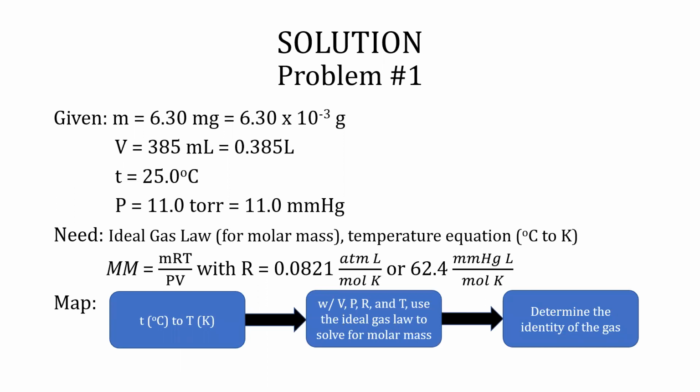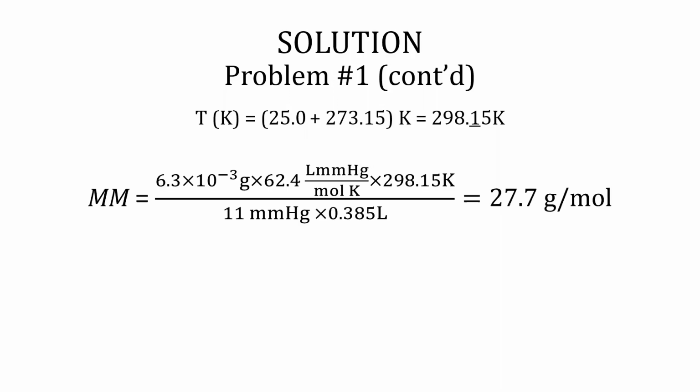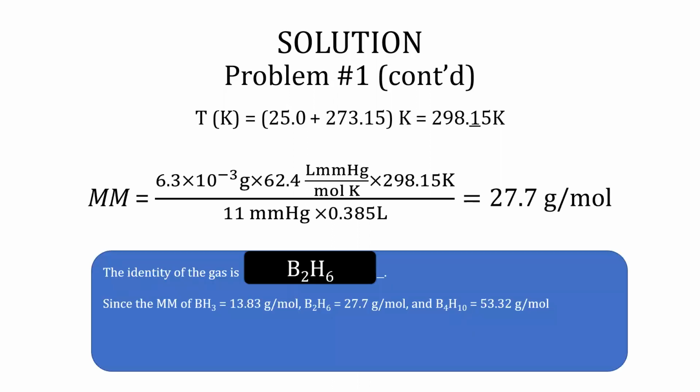Then, with V, P, R, and T, use the ideal gas law to solve for molar mass, and from the value obtained, determine the identity of the gas. The temperature is 298.15 Kelvin, and therefore, after plugging in the values, the molar mass is 27.7 g per mole. The identity of the gas is B2H6.